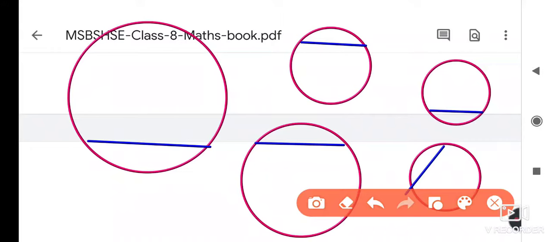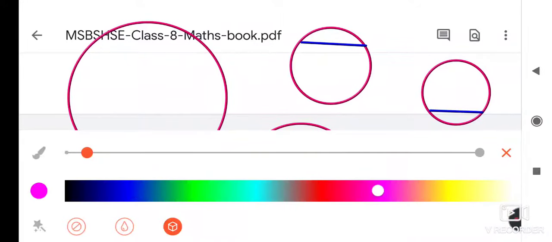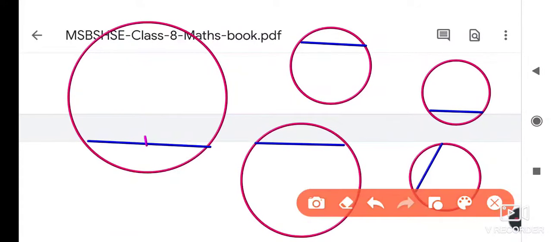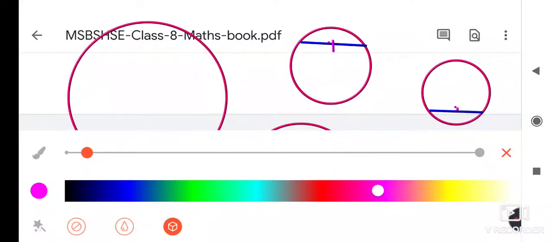Then we have to find the midpoint of the chord. Just measure it and find out its midpoint. Suppose the chord's measure is 6 centimeter, then its midpoint is at 3 centimeter. If the chord's measure is 4 centimeter, its midpoint is at 2 centimeter. And now we have to join the center of the circle and the midpoint of the chord.